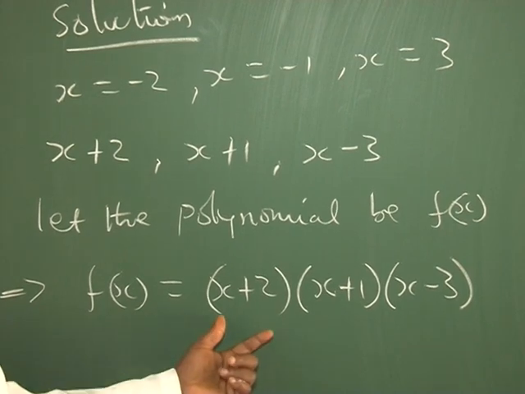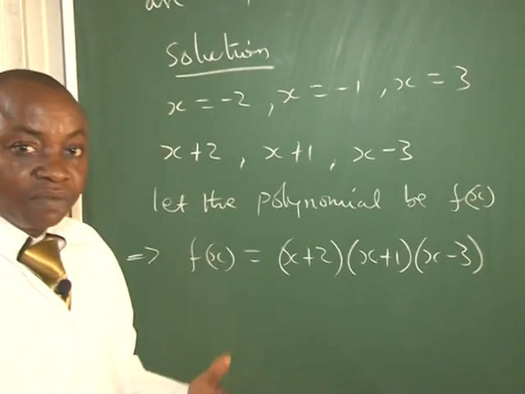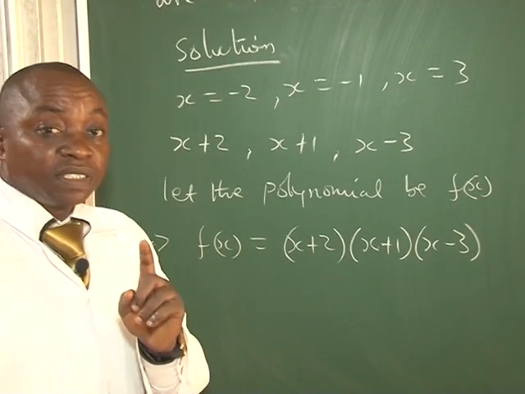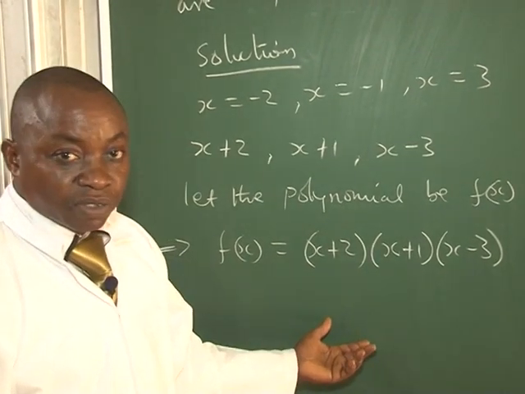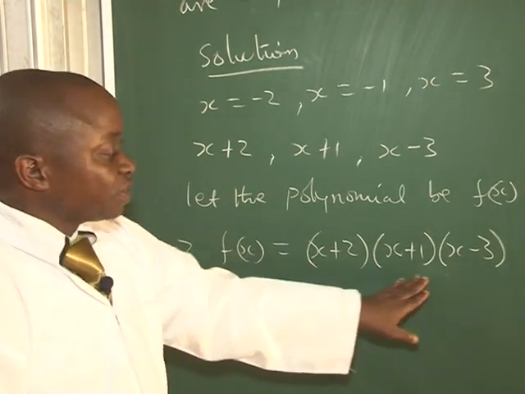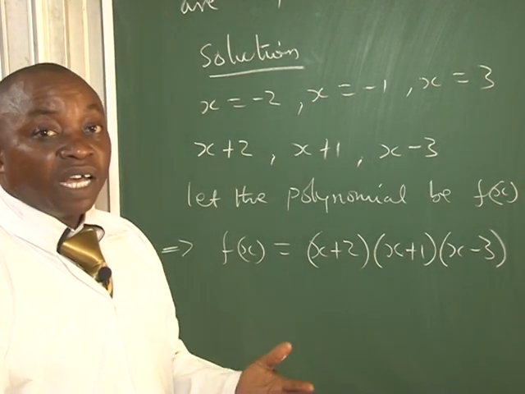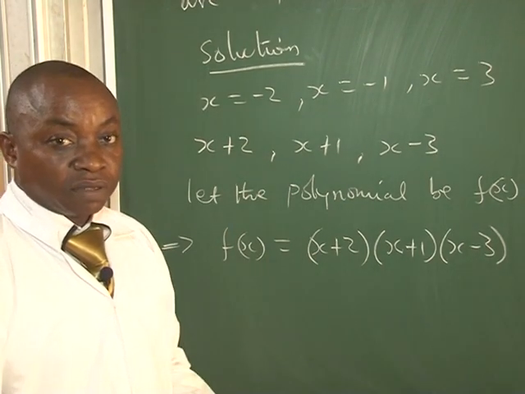Now, these are factors such that when multiplied, we get the polynomial f of x. Now notice one thing, that a polynomial of degree n will have n factors. Like we have 3 factors here, we are expecting a polynomial of degree 3. If we have a polynomial of degree 4, we are going to get 4 factors.